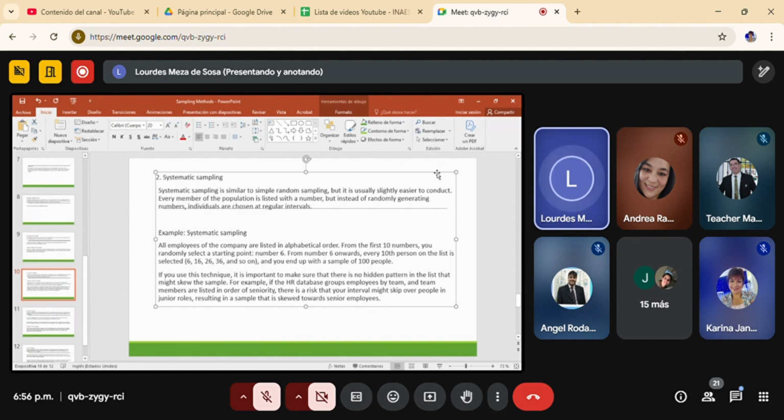There is a risk that your interval might skip over people in junior roles, resulting in a sample that is skewed towards senior employees. So I have to make sure that there are no hierarchies in that pattern that I have.